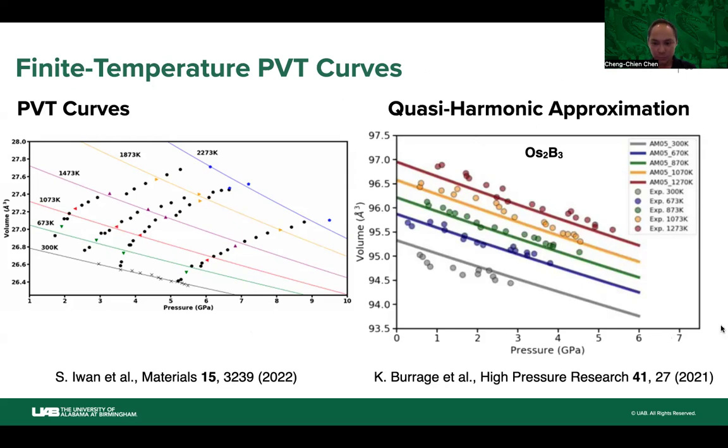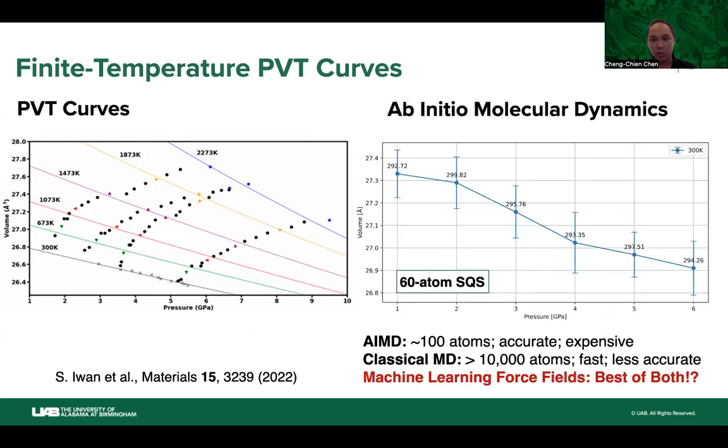So the solution is to do ab initio molecular dynamics. Here I'm showing the corresponding calculations from my student Luke Moore. In molecular dynamics, we basically update the trajectory of the particles based on the forces from DFT calculations. So this is very time consuming, but it can be accurate.